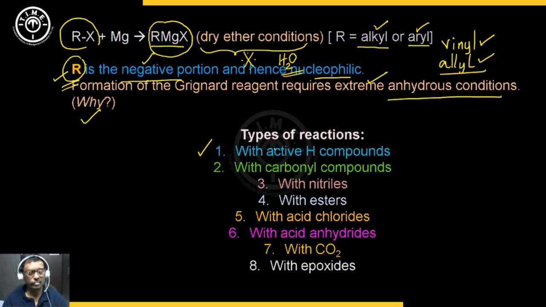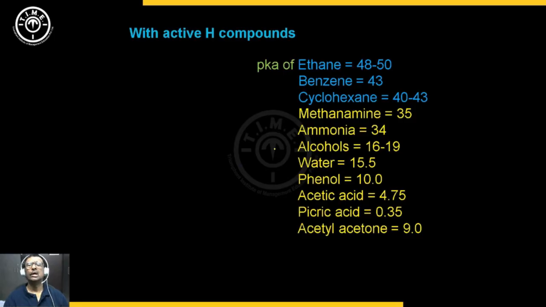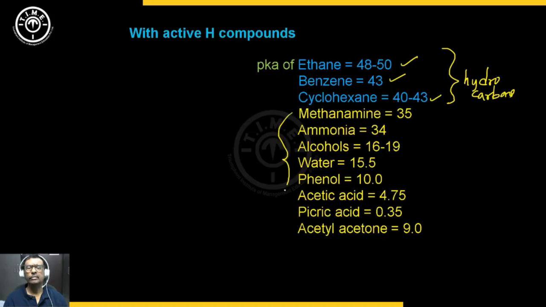So shall we begin? The first one, with active hydrogen compounds. I have chosen here a few substances whose pKa values are given. pKa of ethane, benzene, cyclohexane. Shall we call these hydrocarbons? Are they not hydrocarbons? They are hydrocarbons, is it not? And these are the ones that are considered as active hydrogen compounds.